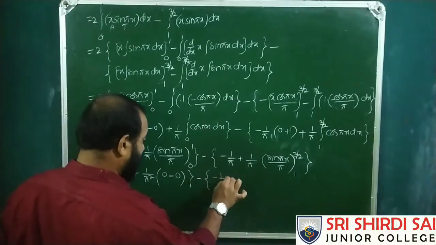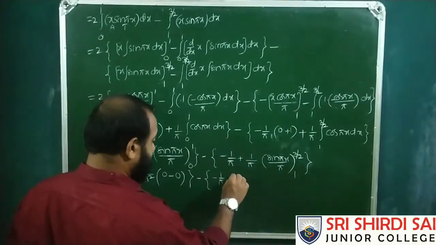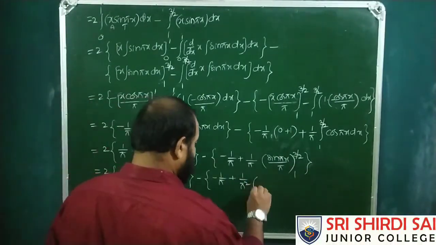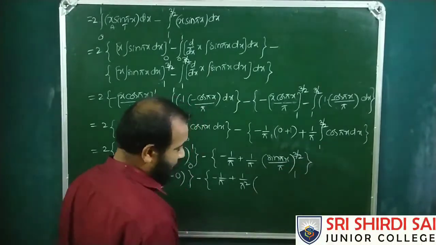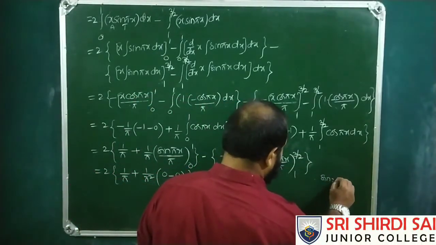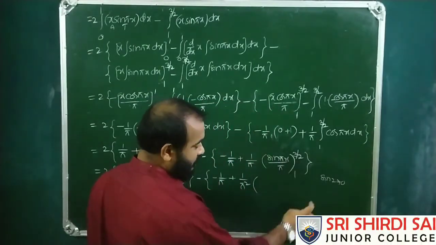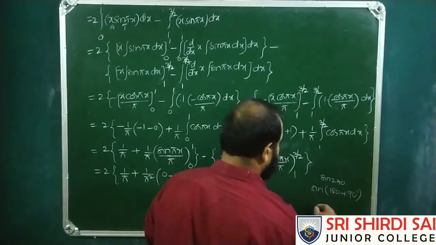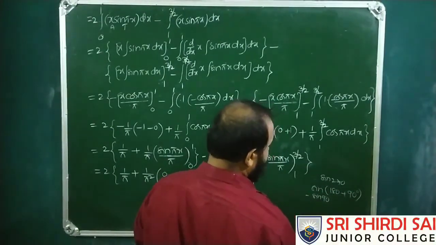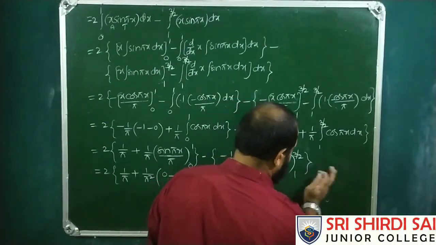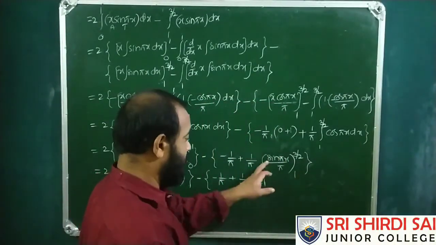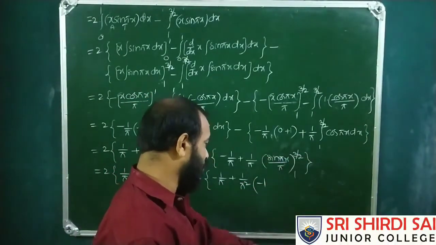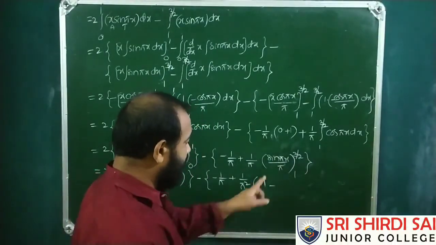Minus this is minus 1 by pi plus 1 by pi into pi square, this is sin pi into 3 by 2, sin 3 pi by 2, sin 270, sin 180 plus 90, minus sin 90, so minus 1, minus 1 minus sin pi into 1.